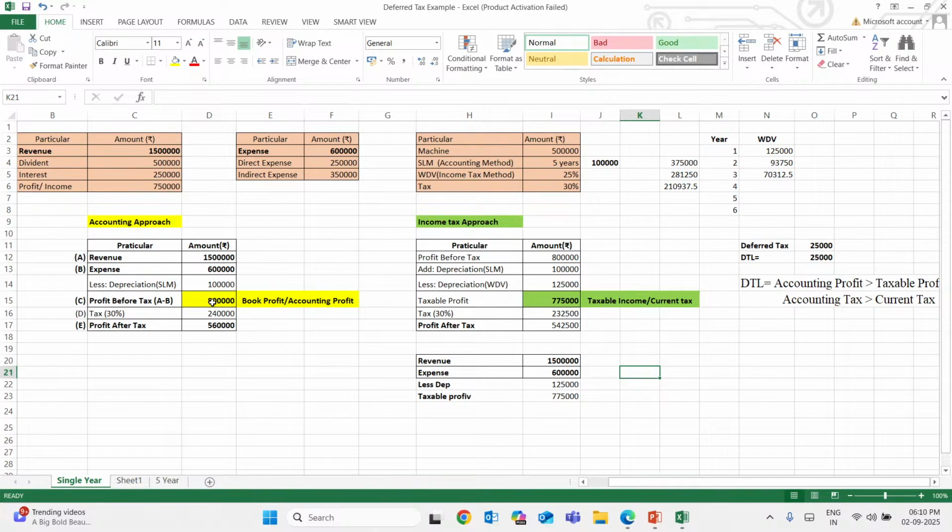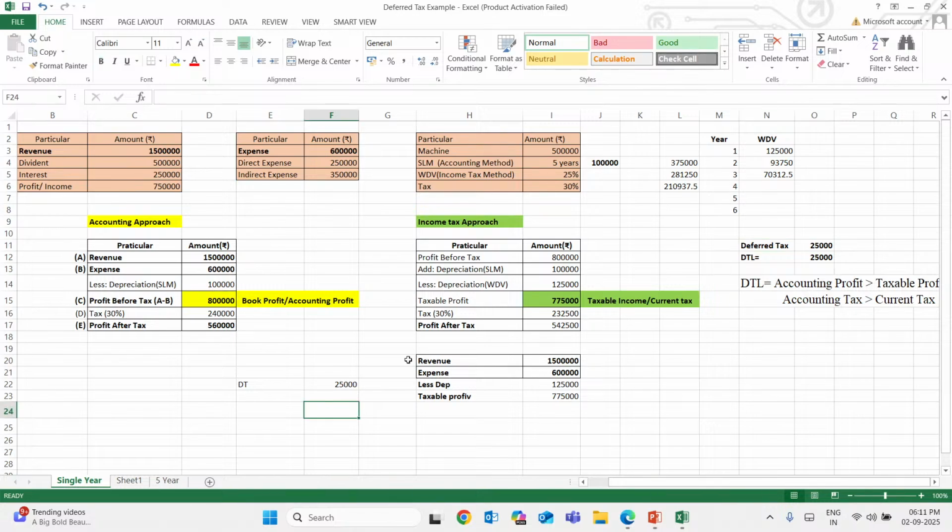They are paying more tax now so that they will be paying less in future. So it is creating a deferred tax of 25,000. Here we will put 8 lakhs minus 7,75,000, which will give us 25,000, which is the DT, the deferred tax.